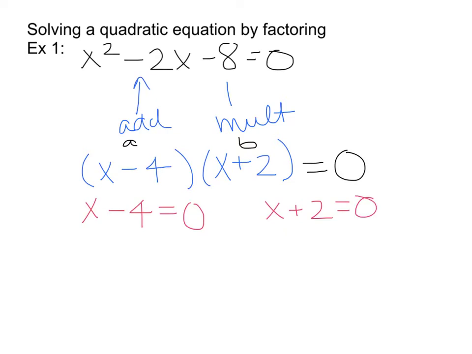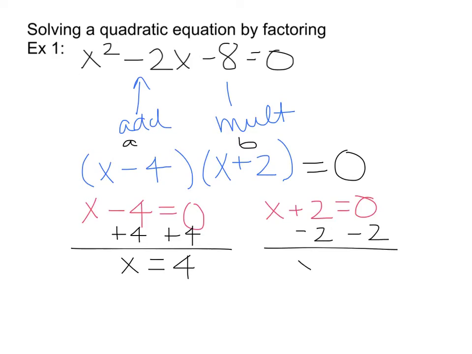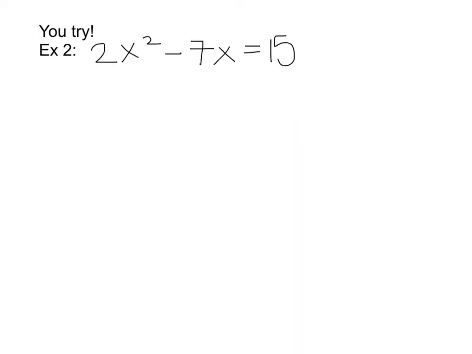So, to solve for x, I need to add 4 to both sides. So, x equals positive 4. To solve for x, I need to subtract 2, or x equals negative 2. This is where your parabola is going to intersect your x-axis if you were to draw this as a graph.